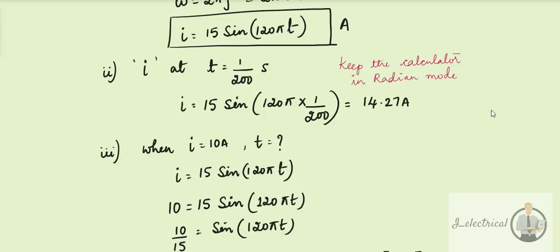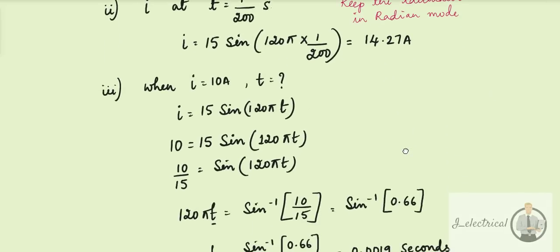Third one, they asked you to calculate the time required for the current to reach from 0 to 10 amperes for the very first time. You know the instantaneous value, you need to calculate t.